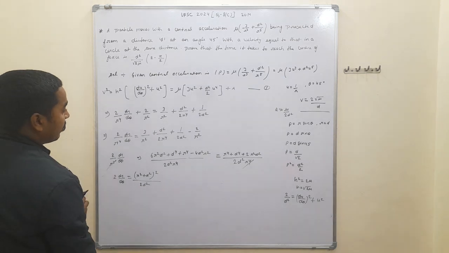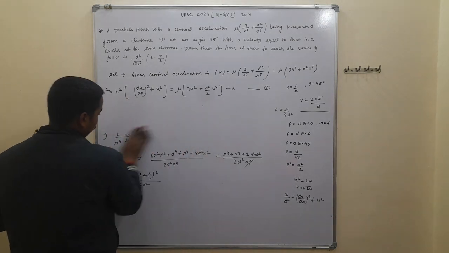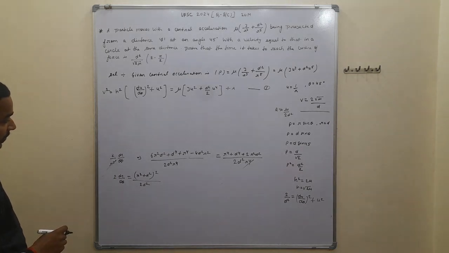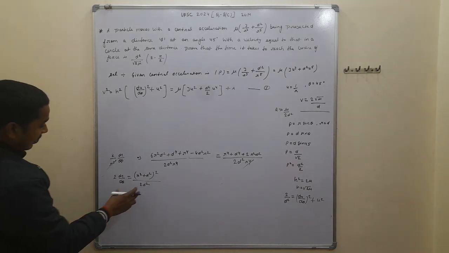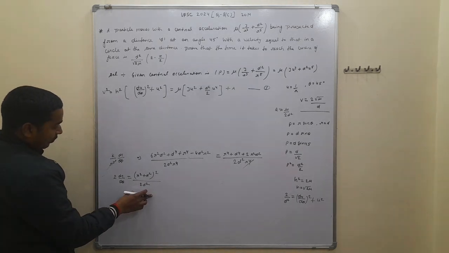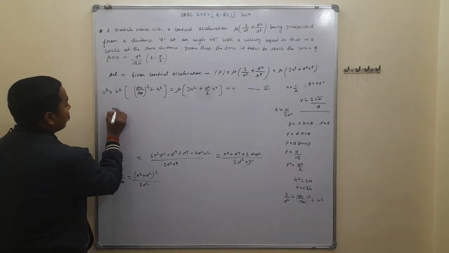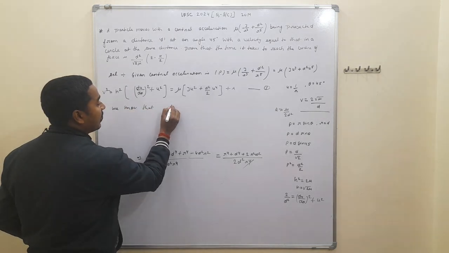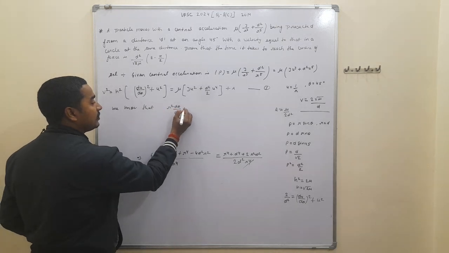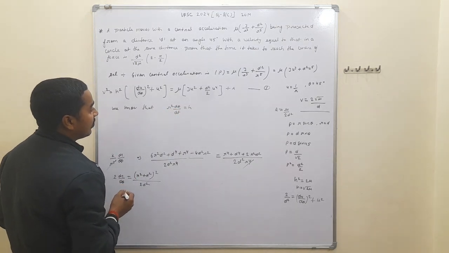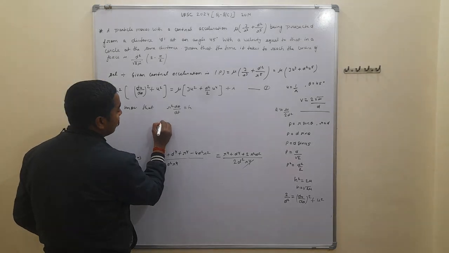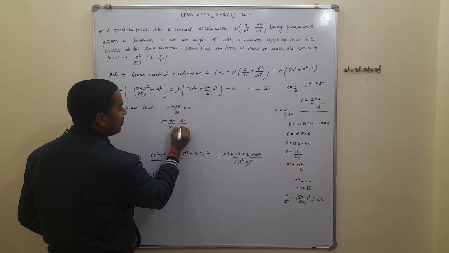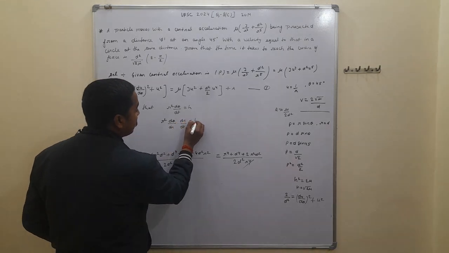Further we have to also know that we can also write 2d square, taking LCM, and we know that r square d theta upon dt is equal to h, and further we can also write, that is r square d theta upon dr into dr upon dt is equal to h.